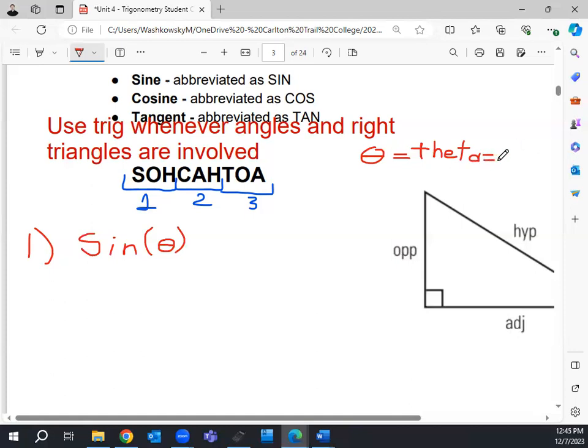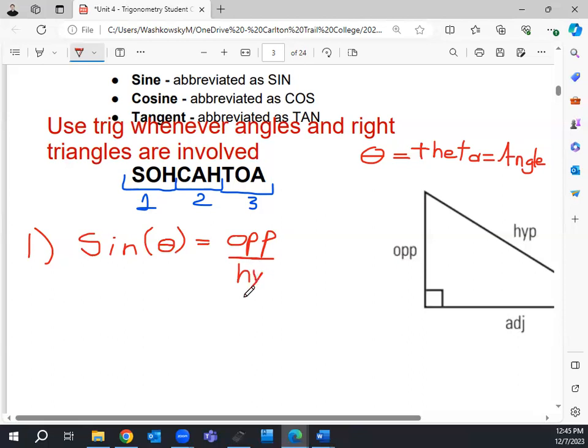So the sine of the angle theta is equal to, and I'm looking up at my phrase here, SOH, I see O first, so opposite. And I see H, which stands for hypotenuse.